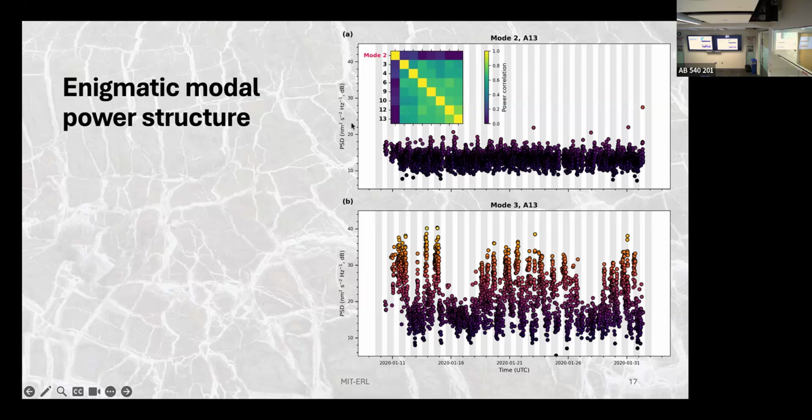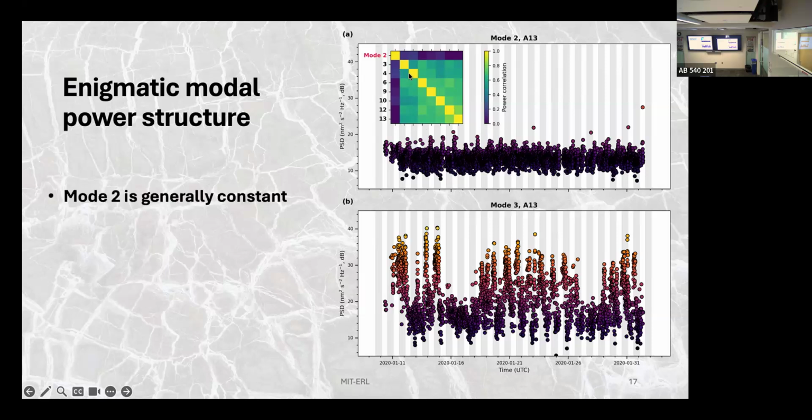The y-axis is in dB log scale. But for mode 3, there is a very strong power variation on the order of 30 dB, so it's a 1,000-times power variation. And its power is always higher at night than in the day. Here again, the gray and white strips show night and day. And that's completely decorrelated with mode 2.